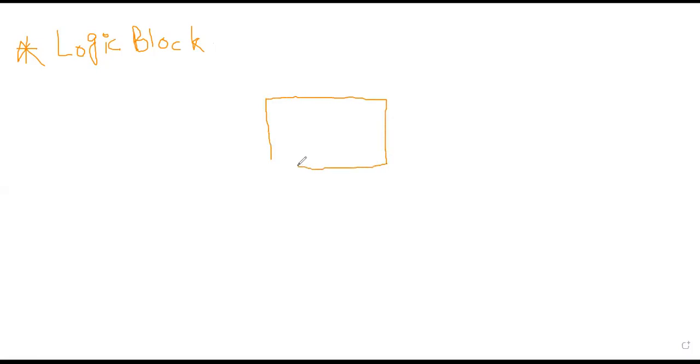There is a gate. It may be AND or something else. Then multiple inputs are going into my gate. Let's suppose this is the first input, second, third, and so on, multiple.